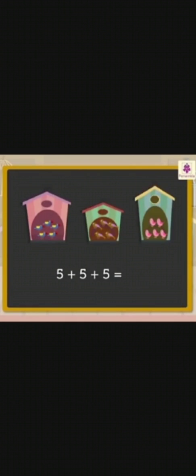That is 5 plus 5 plus 5, we get 15. In other words, we can say that is 3 times 5 is equal to 15. 3 into 5 is equal to 15.